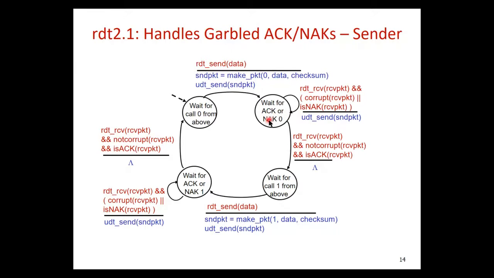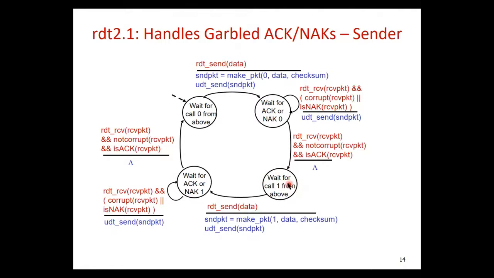We stay in this state as long as we do not receive a feedback that is not corrupted and a positive ACK. So corrupted, retransmit, negative ACK, retransmit as many times as needed until we receive this one. And when we receive this one, then we are done with the packet sequence number 0.